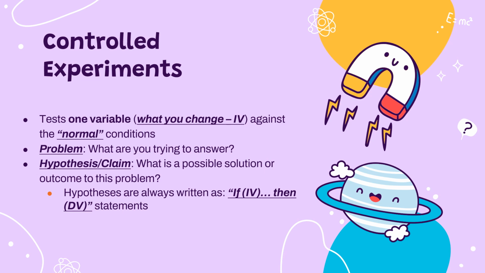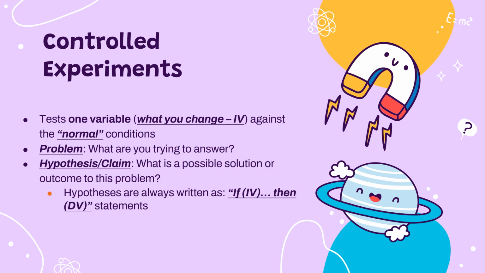But what this is saying here with the if and then structure is, if I change one thing, then I expect certain results. In the medical example, if I give patients my new medicine, then I expect them to have better outcomes.